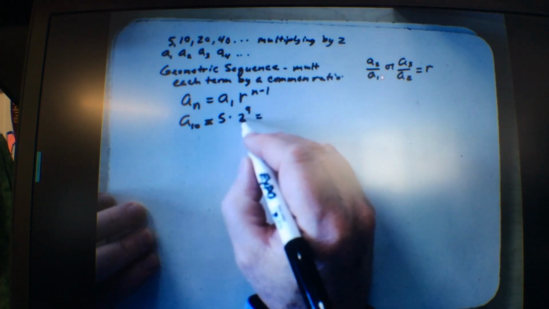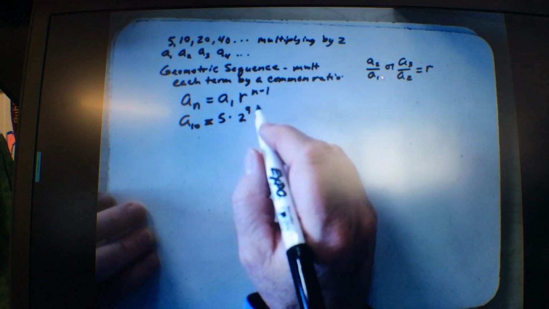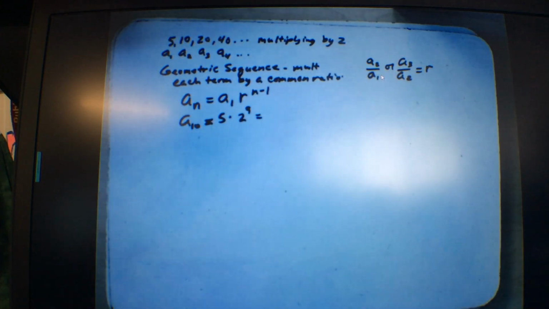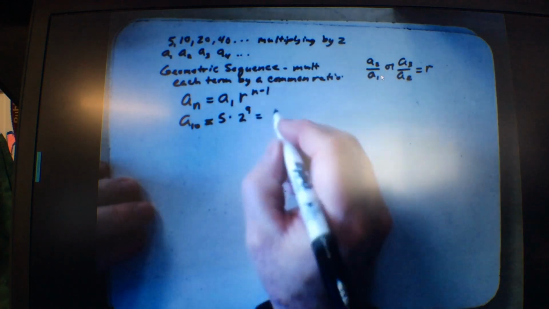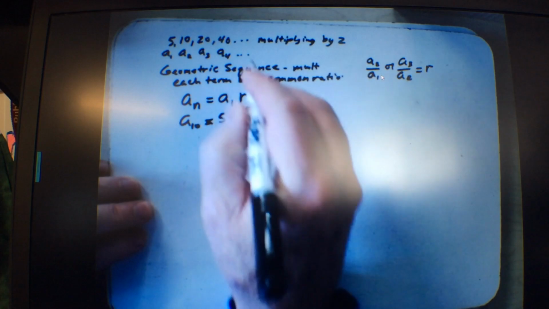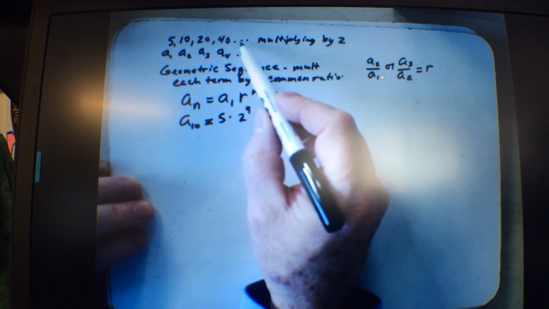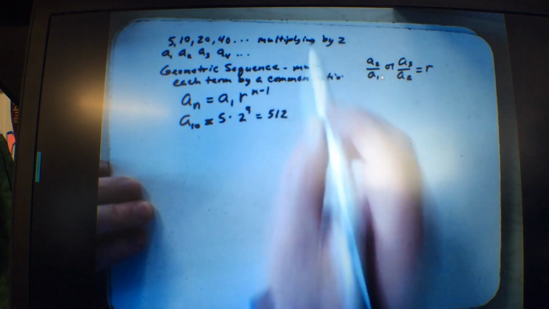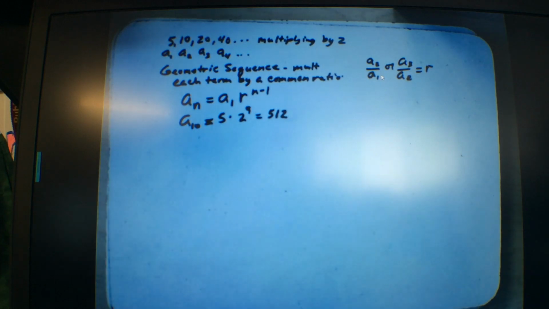So I would do this first. 2 to the 9th power is, if one of you guys has a calculator, pop that out real quick. 2 to the 9th times 5. It's 512. So the 10th term out here is 512. Any questions about that? All right.